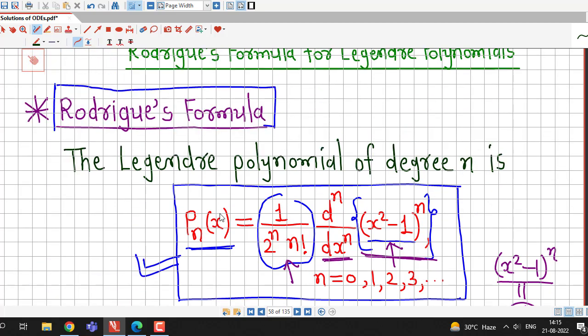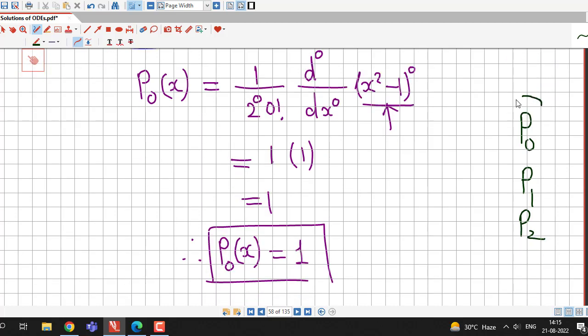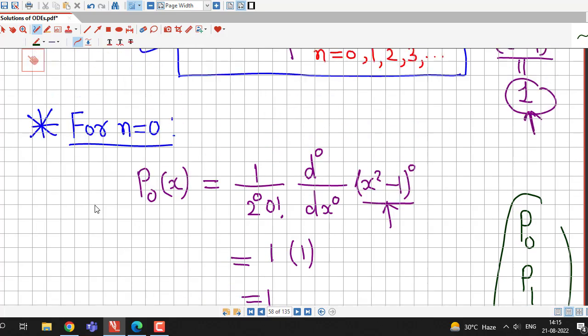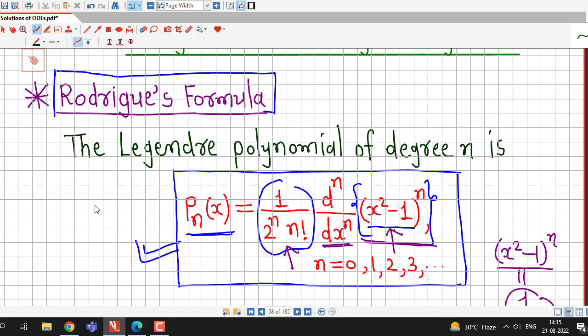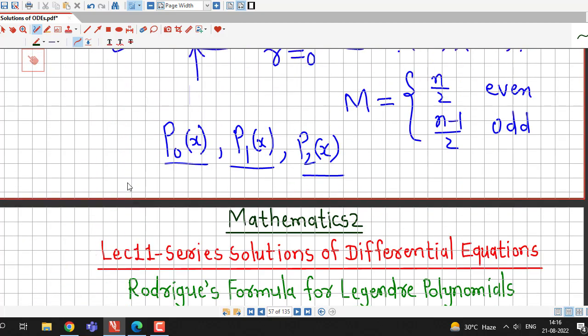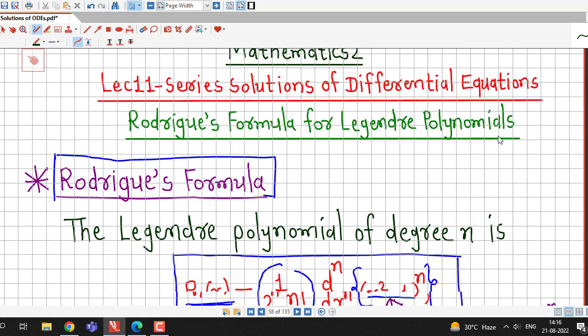Sometimes they can ask you this type of question, that write down the Rodrigues formula for the Legendre polynomial of degree n, and using it derive the expressions for P0, P1 and P2. In that case you have to use the Rodrigues formula only. But if they ask you to write down some Legendre polynomials of some degree and they do not specify the formula, then you can use either the Rodrigues formula or the general formula for the Legendre polynomial of degree n.